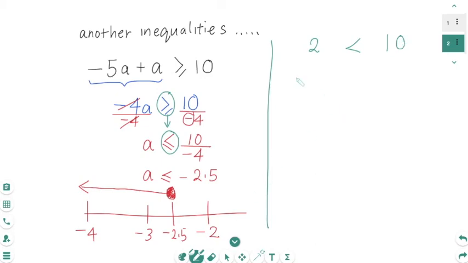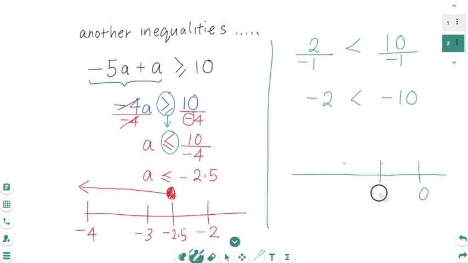But if I were to divide a negative number on both sides, we will have -2 less than -10. Now it's not making any number sense, because -2 on the number line is actually greater than -10, because if we have a number line, then this will be -2, -10.